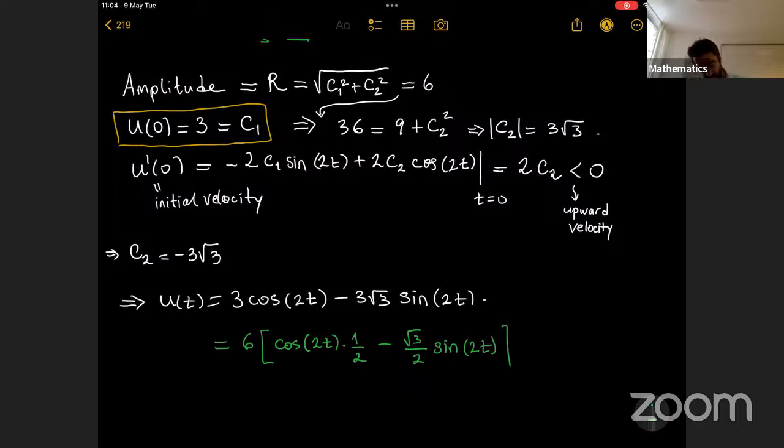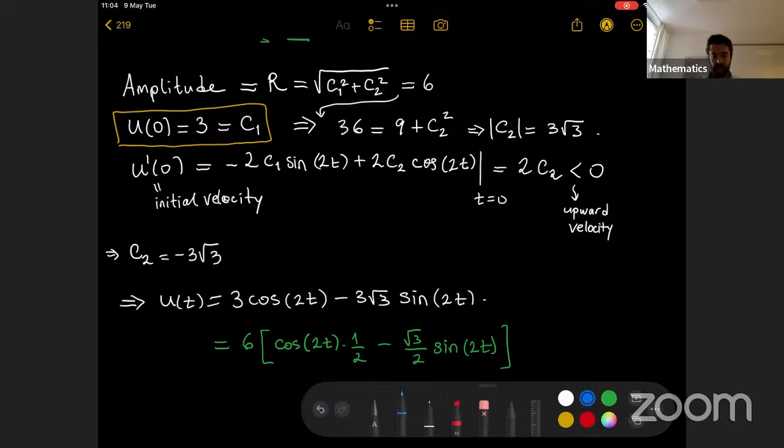Why do I do this? Because now 1/2 and root 3 over 2, these are cosine of something, right? And sine of something.